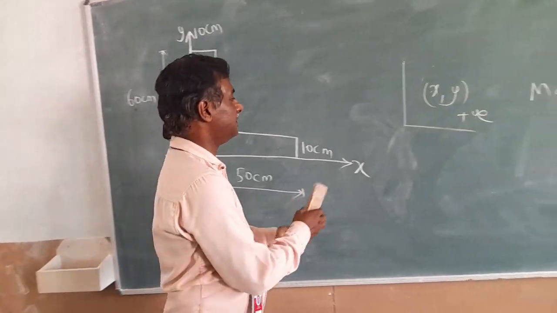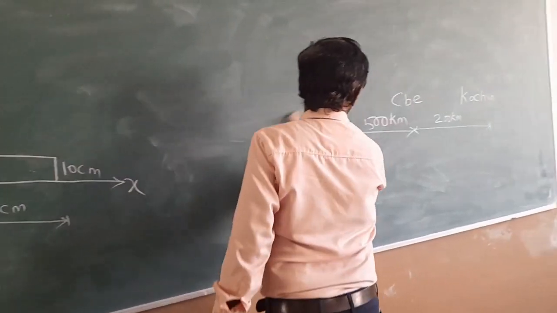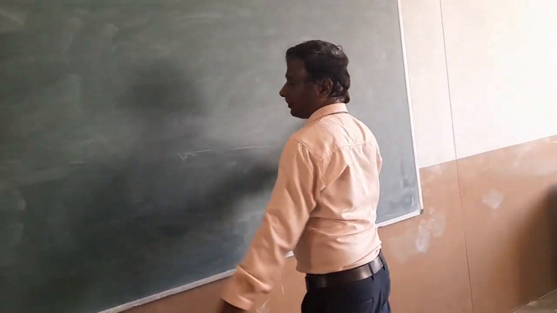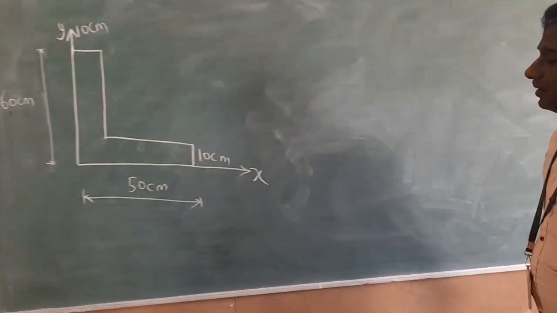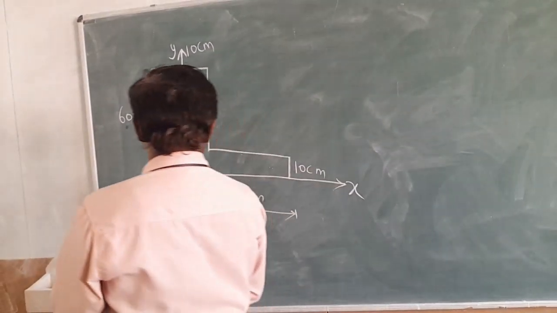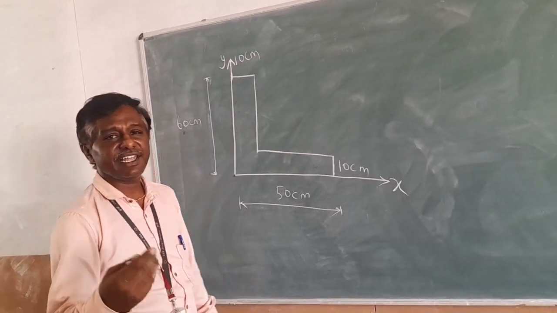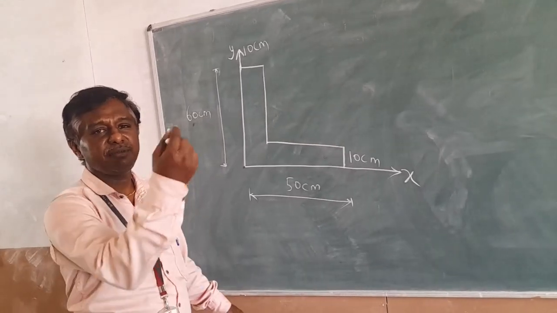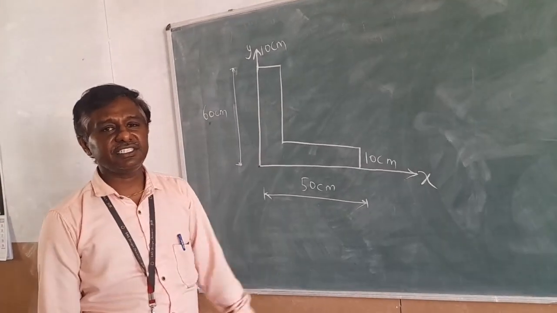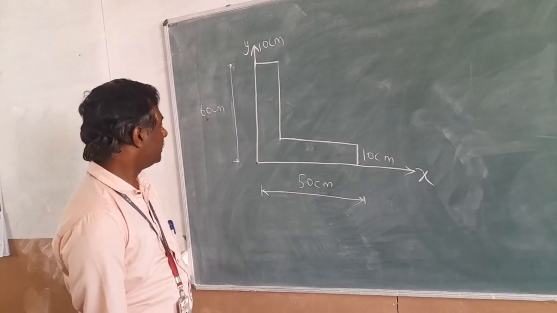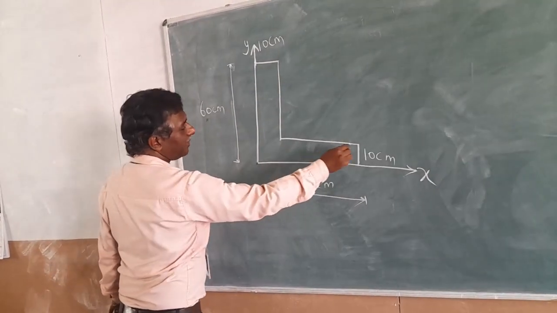Now I will just erase it here. How to find it? We know that for a rectangle, the direct value for the centroid is at the midpoint, as in the earlier video. So it is a combination of two rectangles.